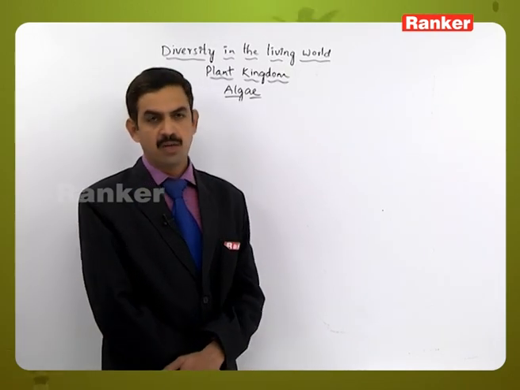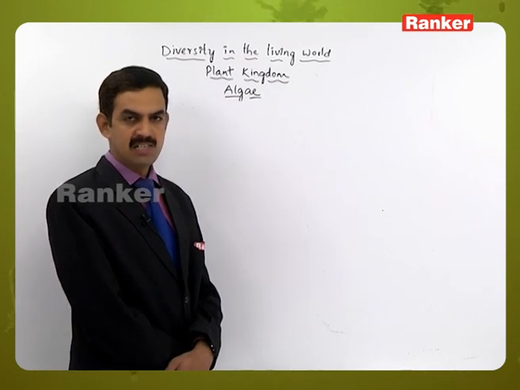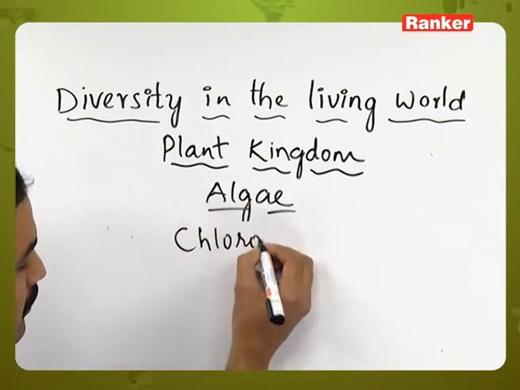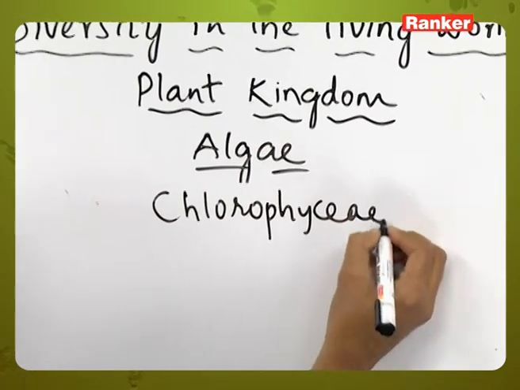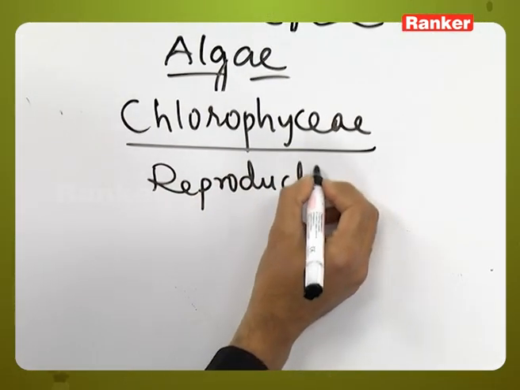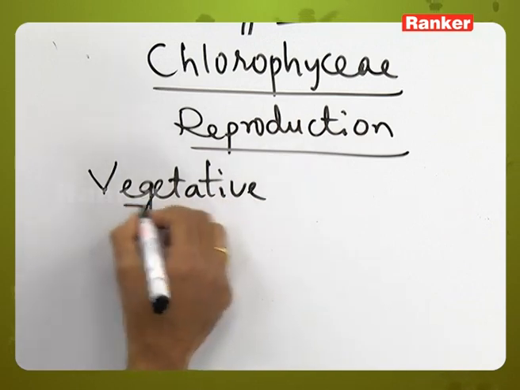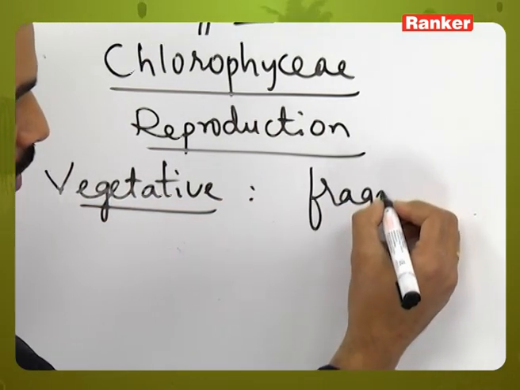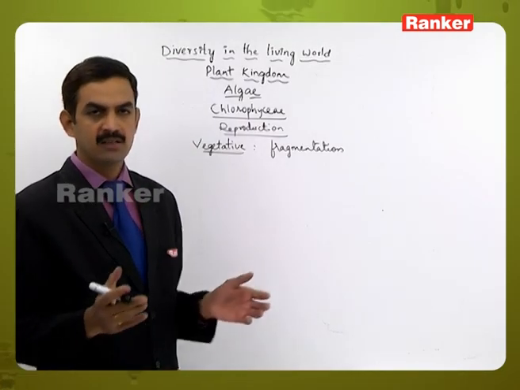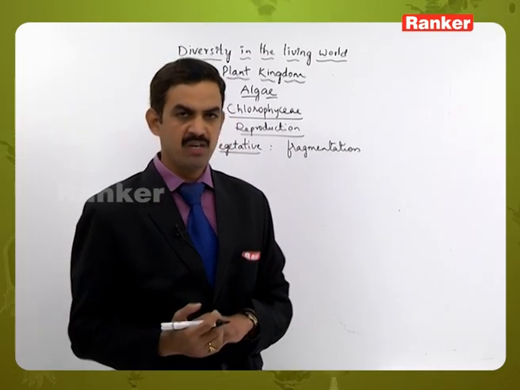Here the green color of the members of Chlorophyceae is because of the chlorophyll pigments, that is chlorophyll A and chlorophyll B. The members of Chlorophyceae will exhibit reproduction, and it may be by vegetative reproduction, asexual or sexual methods. Vegetative reproduction is mostly by fragmentation, that is a breakdown of the long slender part into small pieces, and each fragment will develop into an individual organism.